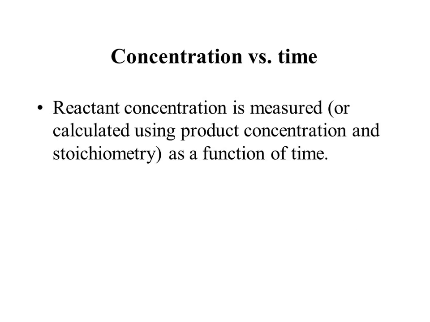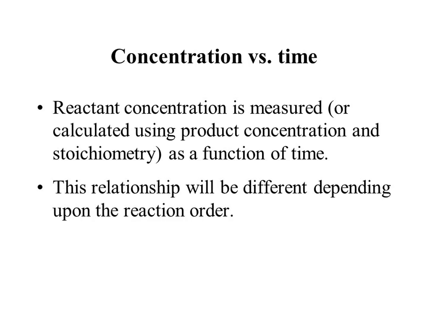So here's how this works. We know that the concentration of a reactant is going to decrease over time. But depending upon which reaction order it is, it will decrease differently. So it will look different.